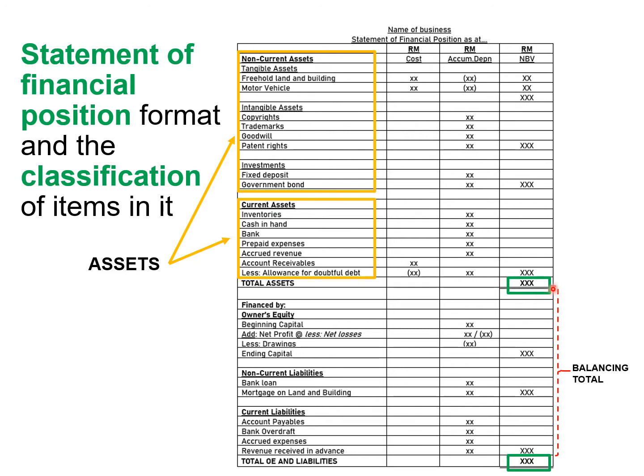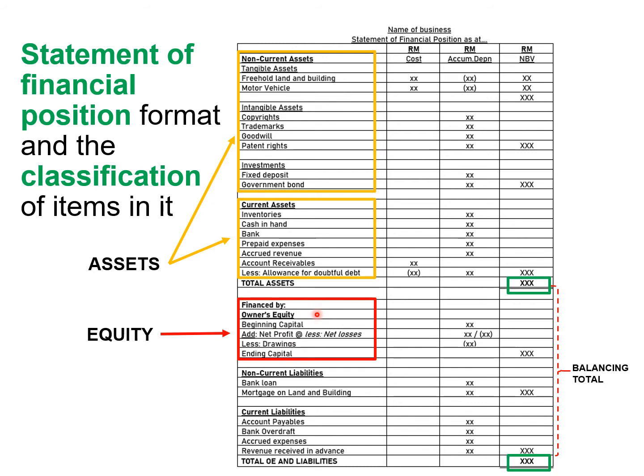Okay, so total dekat sini yang I letak dalam box green ni, dia akan sama dengan total dekat bawah ni. So, what is represented in asset adalah also represented by the owner's equity and also liabilities. So, look at the next one. This is equity. Equity ni kita letak dekat bawah. What is equity? Equity adalah modal.